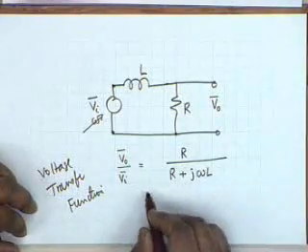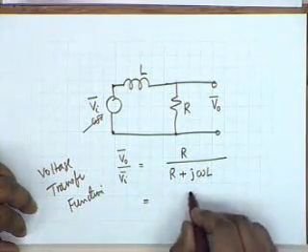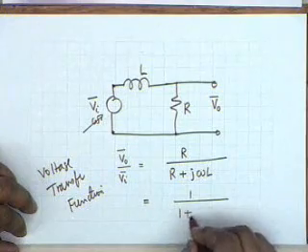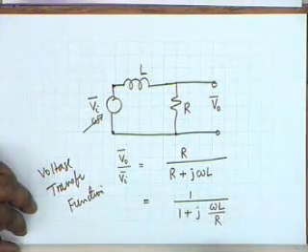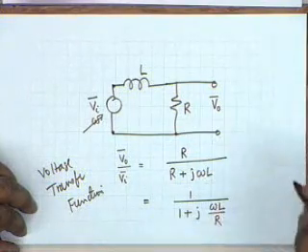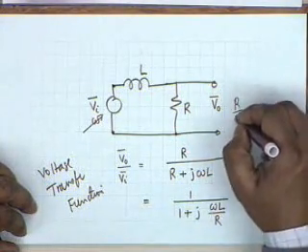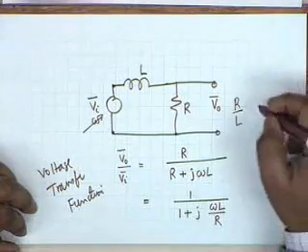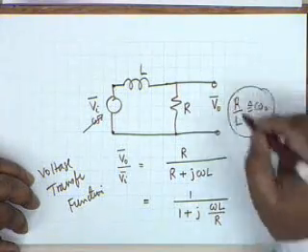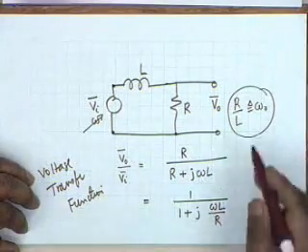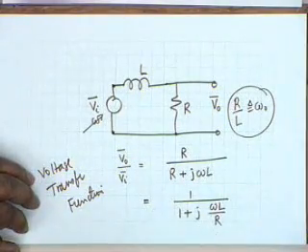Now, if you look at this expression, I can write this as 1 plus j omega L by R. Alright. Let R by L be equal to omega 0. Define the quantity R by L as omega 0.